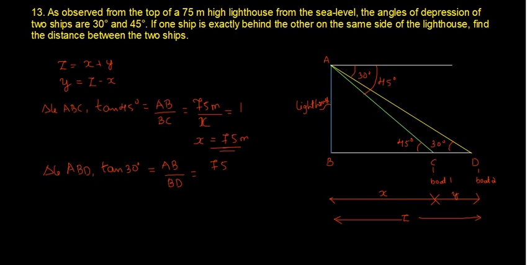BD is x plus y, that we need to find, which is equal to tan 30, which is 1 by root 3. We can write it as 75 divided by x, which we already found as 75, plus y equal to 1 by root 3. After solving this, we can find the value of y.